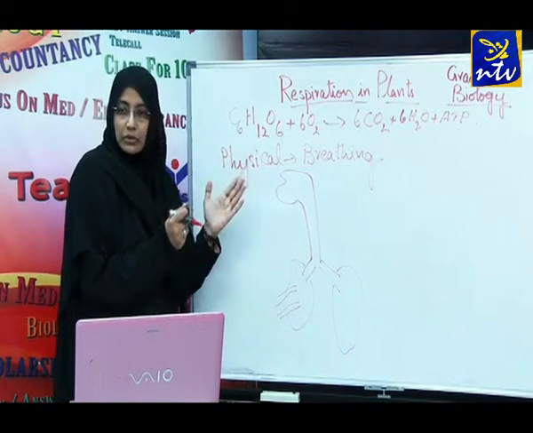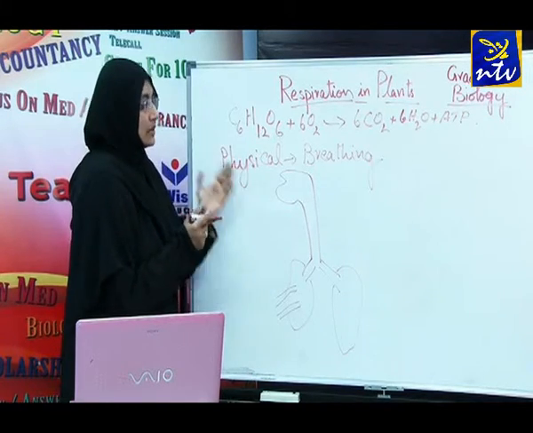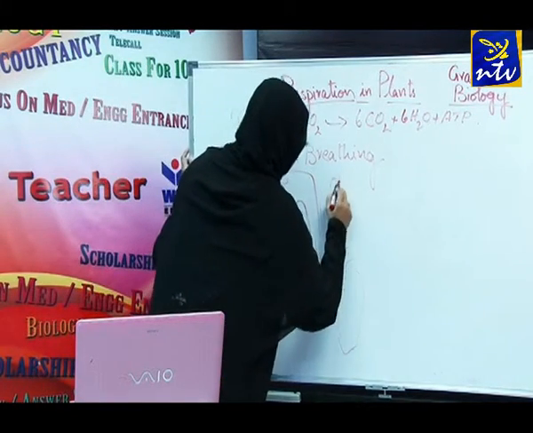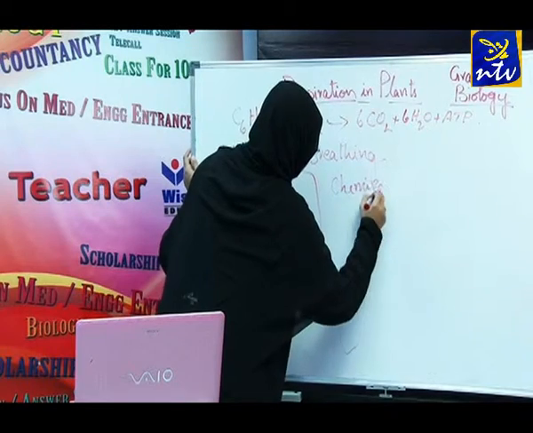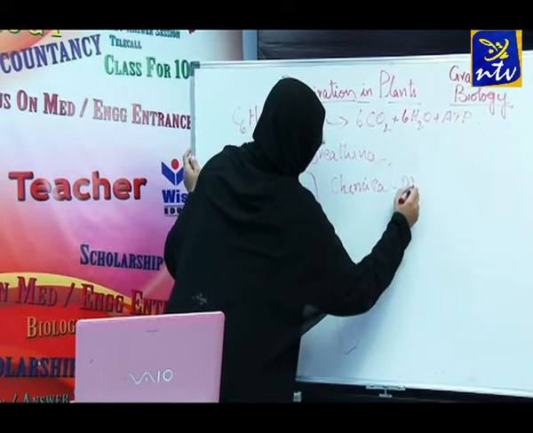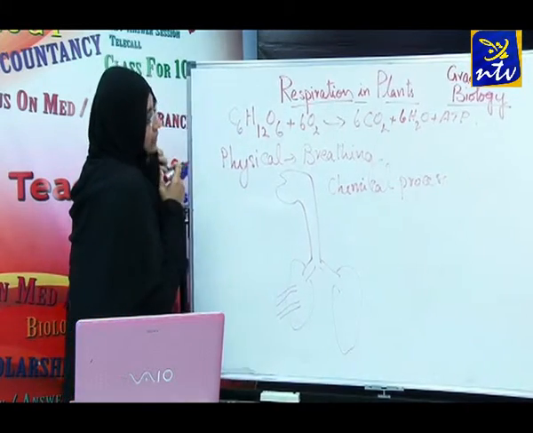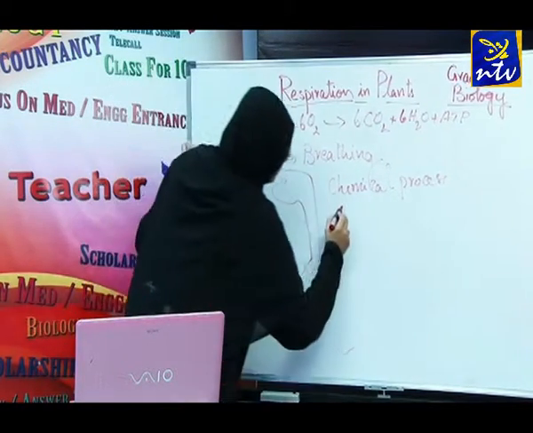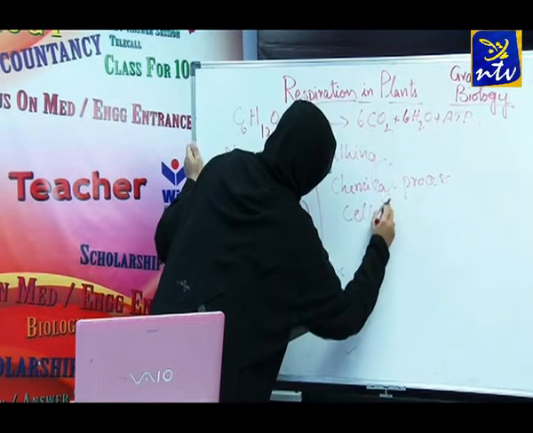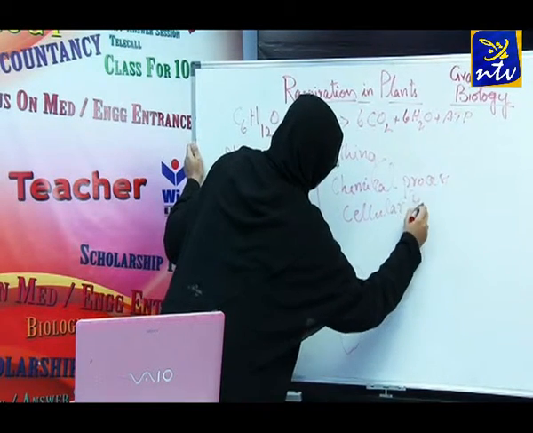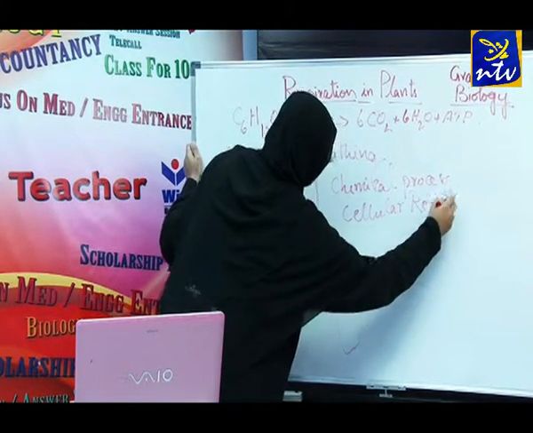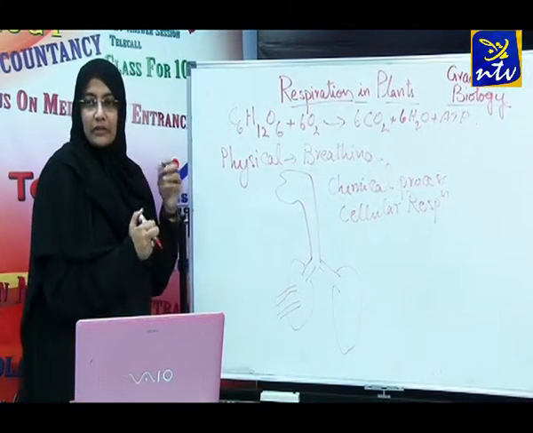Now in the tissues, what is happening? There we can see the chemical process taking place. This chemical process of respiration is also known as cellular respiration. Cellular respiration. Hope this is clear to you.